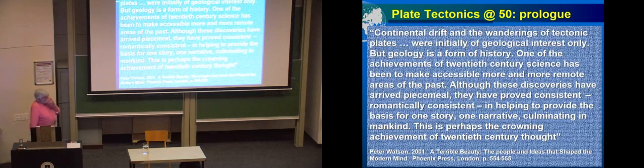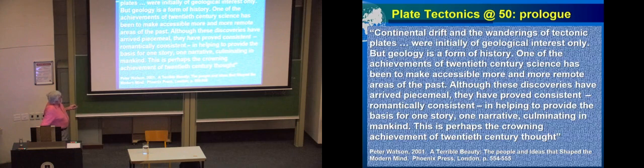But looking over plate tectonics at 50, I found this quotation in a book by Peter Watson. It's called Terrible Beauty, The People and Ideas That Shaped the Modern Mind. And it's a history of scientific thought in a way. Because the modern mind is largely shaped by science.